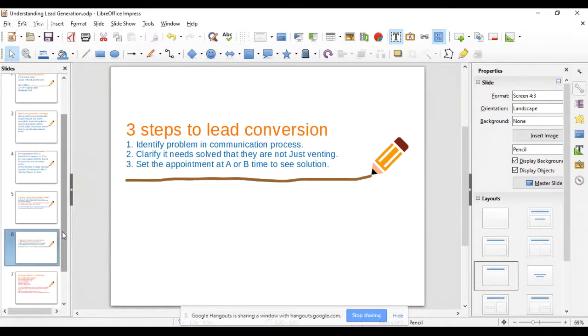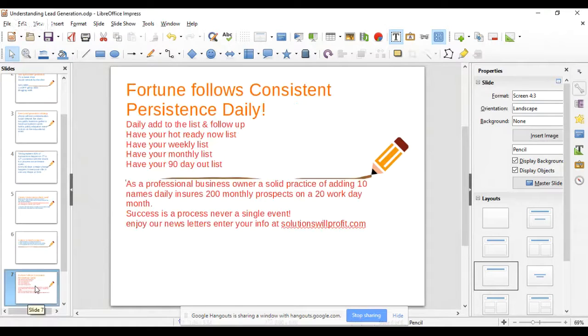Next, fortune follows consistent persistence daily. Daily, you need to add to your list of potential clients and follow up with those lists. Have your hot and ready now list to follow up with at least 5 to 10 people on daily, Monday through Friday, if you're working 5-day work weeks and taking the weekends off.